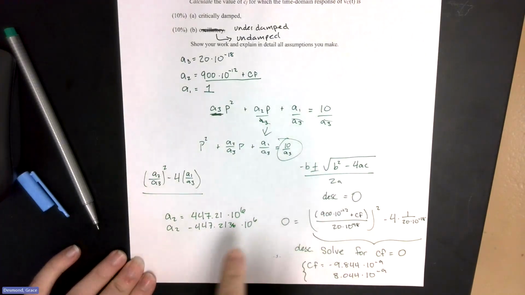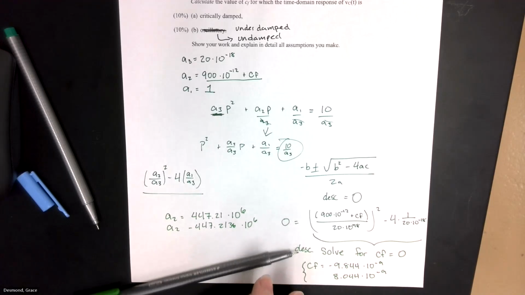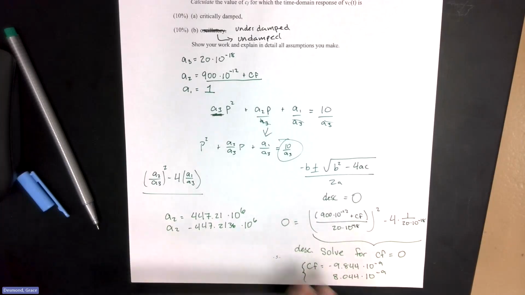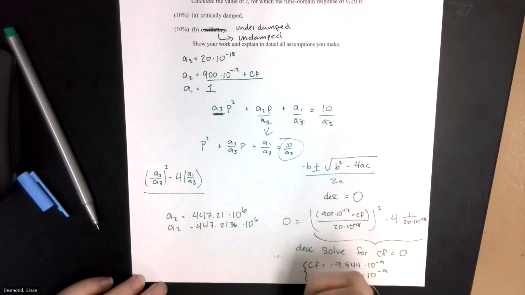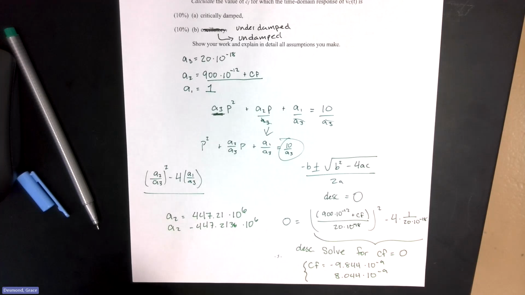So these are equal magnitude, plus and minus. Whenever it is less than 0, it is going to be undamped or oscillatory.